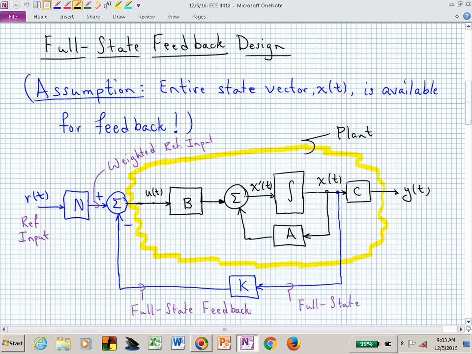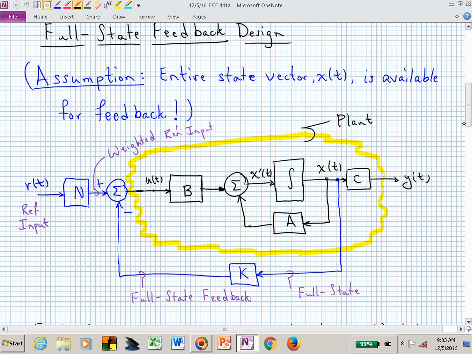This is now the picture of full state feedback, and that particular integrator block is a block of integrators. It's not just one integrator, it's an integrator for each one of the coordinates in that state vector, which I'm just collapsing into x prime going into the integrator, and coming out is the state vector itself.